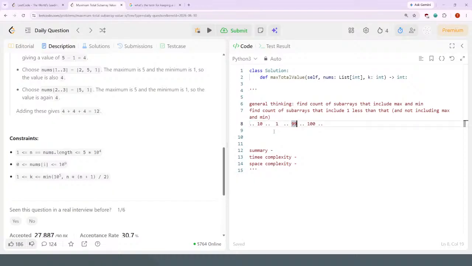Anyways. But once I have that, for both the high and the low, is it possible to generate the ranges where a certain subarray might have a set for the low and high?